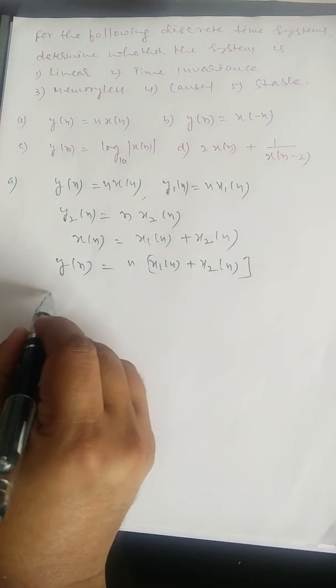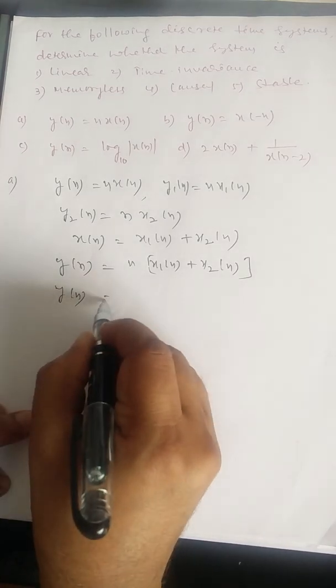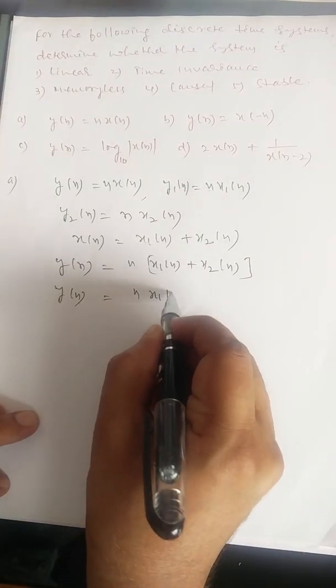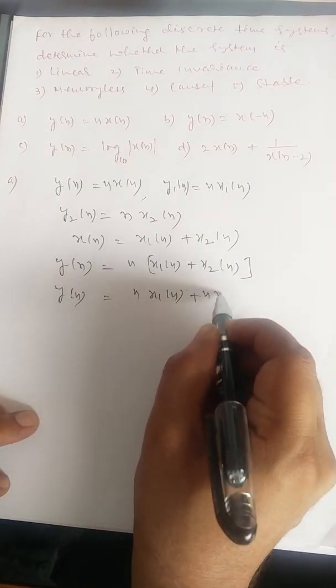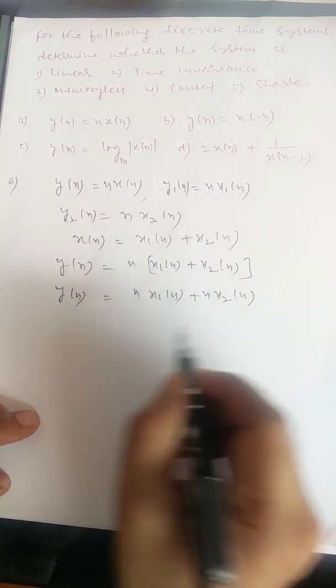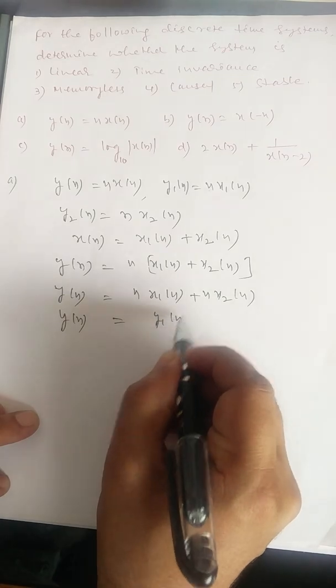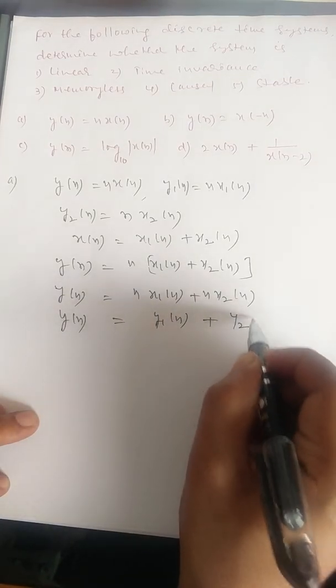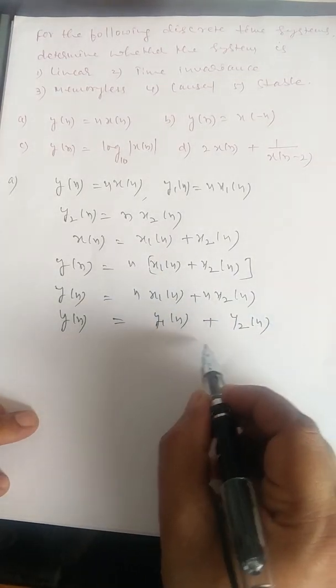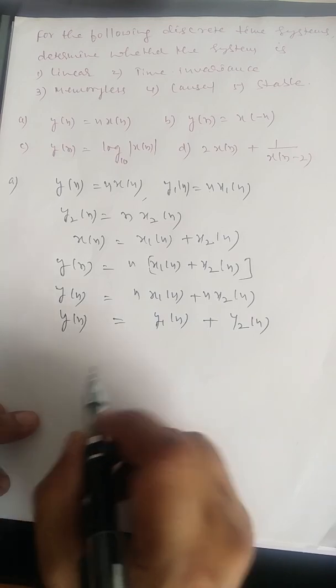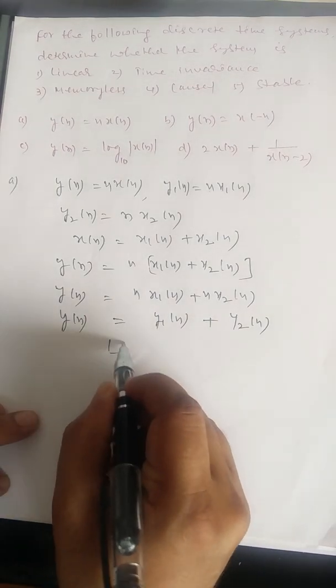That is y of n is equal to n into x1 of n plus n into x2 of n. This is nothing but y1 of n plus y2 of n, and so it is satisfying the principle of superposition, and the system is said to be linear.